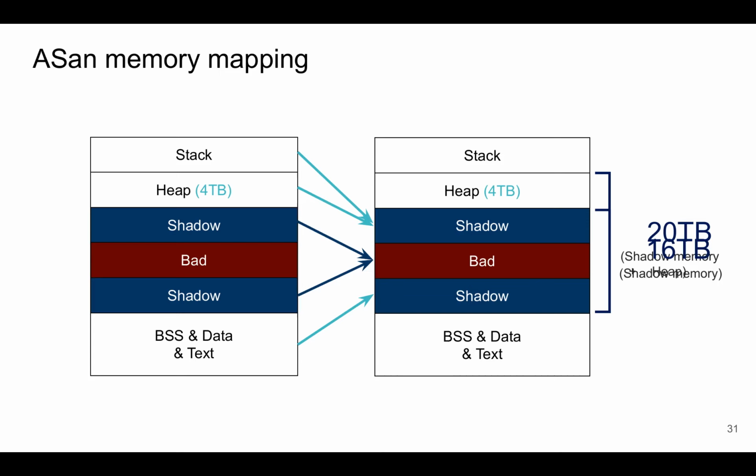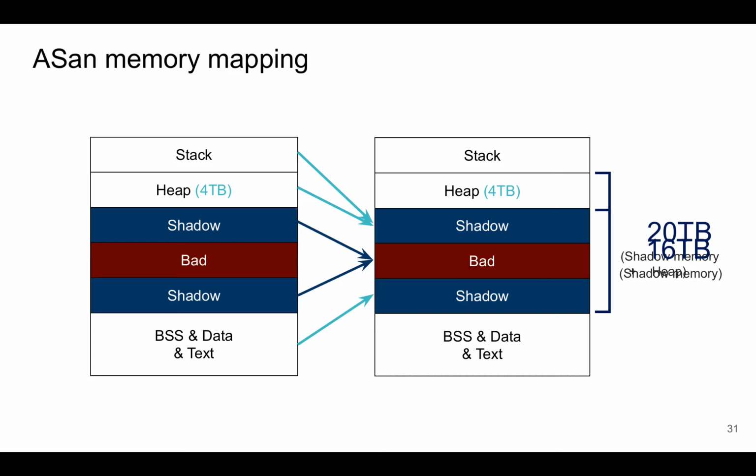So address sanitizer, as I explained earlier, we've got the full address space that is being mapped, like a 4 terabyte heap plus stack plus BSS, data, and text and so on. This is being mapped to a 16 terabyte shadow data structure in the middle.